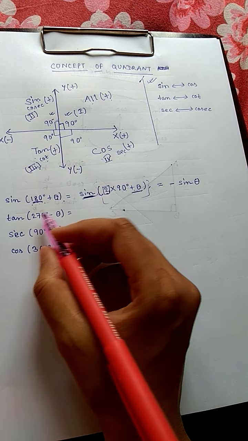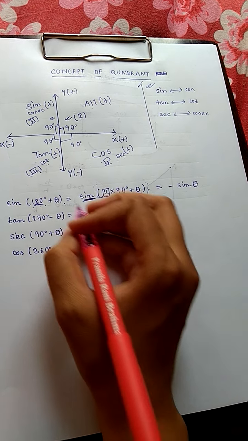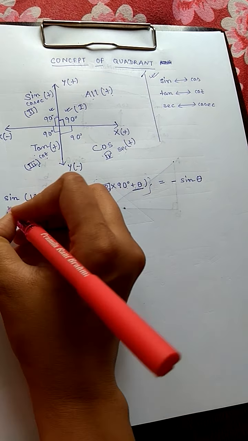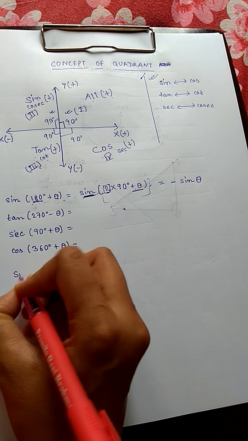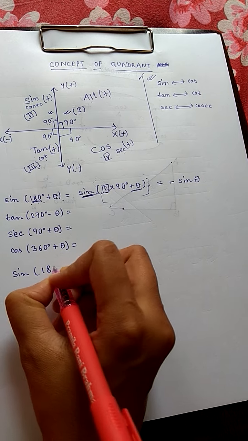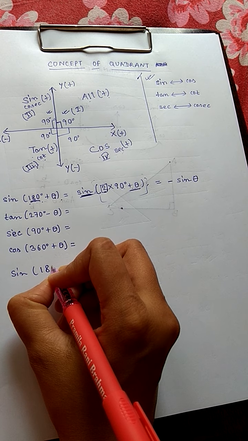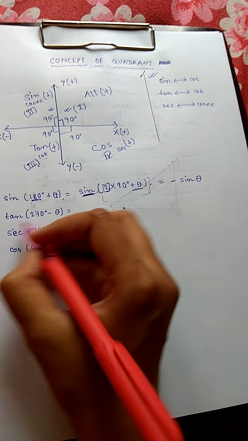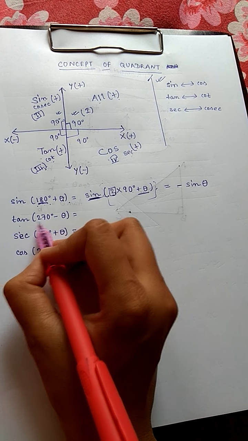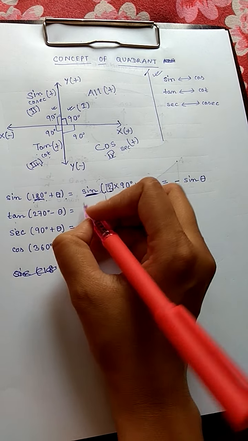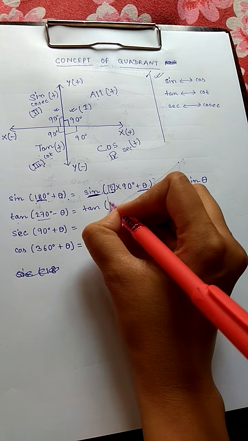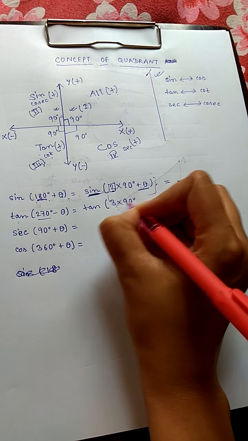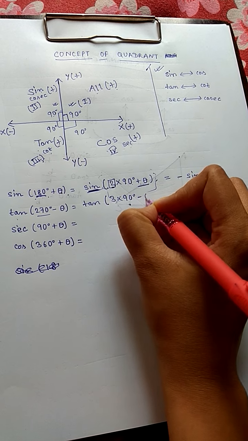Fine, we will understand it better here. Now let us see tan 270 minus theta. I will divide 270 as 3 into 90, 3 nines are 27, minus theta.